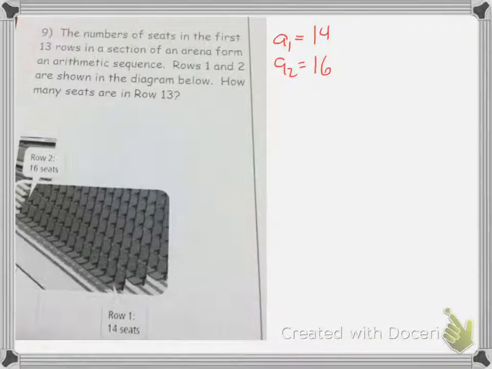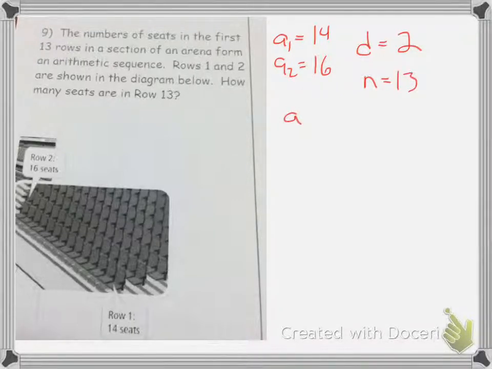Well, that means my A1 is 14. My common difference is 2 because I added 2 to get from 14 to 16. And the n that I'm trying to find, the 13th row, my n is going to be 13.